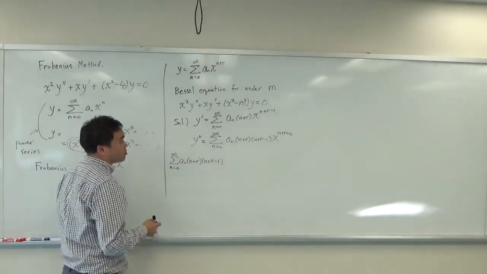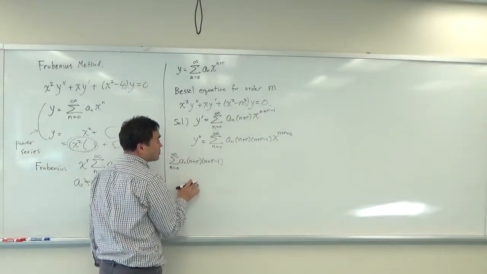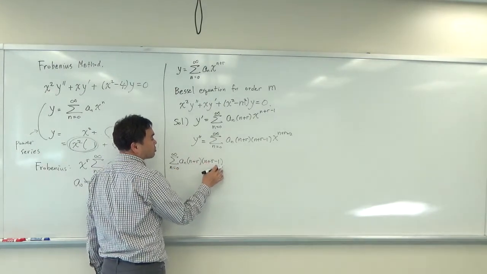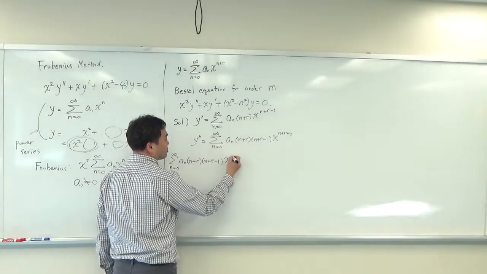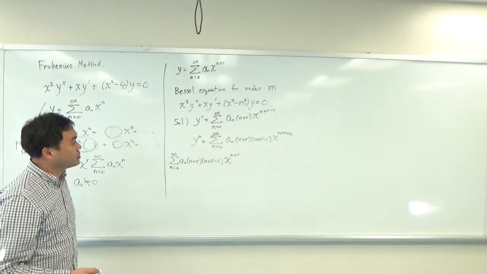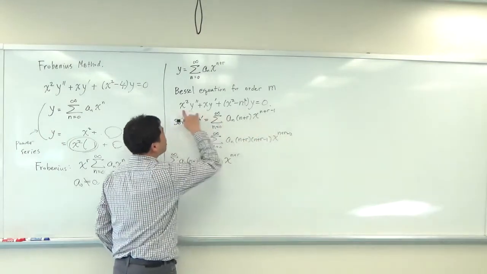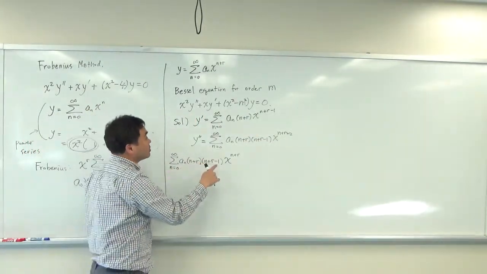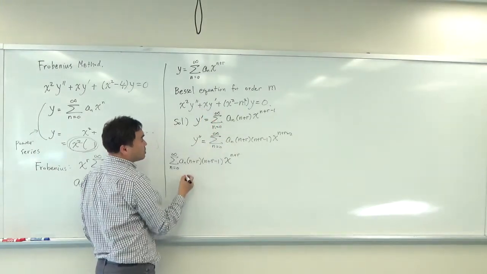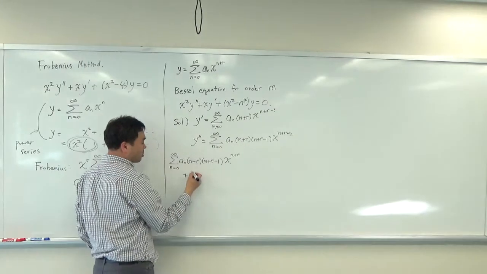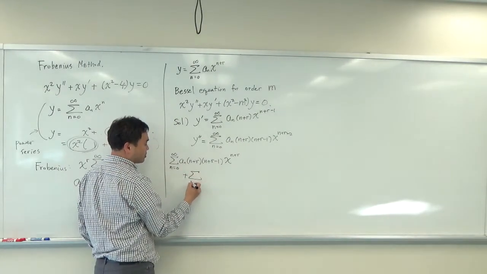I can't use the same thing, so that's going to be m. So you have (m plus r)(m plus r minus 1) x to the m plus r. The negative 2 went away because you multiply by x squared. Is that good? Okay. And then the next one, xy prime, would be this times x, so that negative 1 will also disappear.